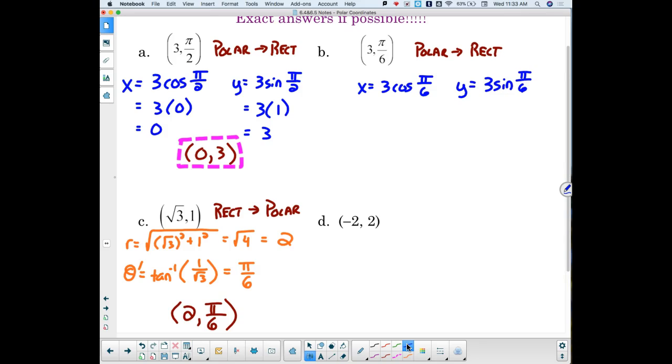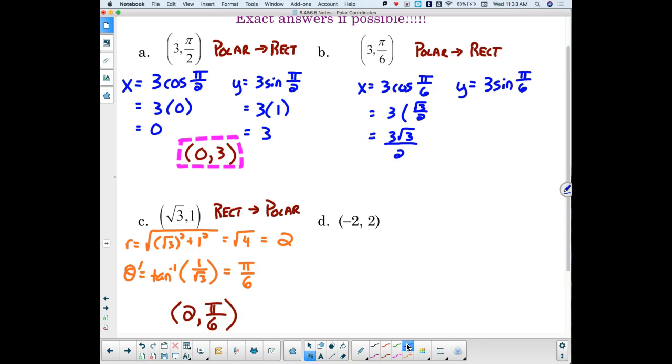So this is going to be 3 times the square root of 3 over 2, which is 3 square roots of 3 over 2. Sine at pi over 6. A half, 1/2.